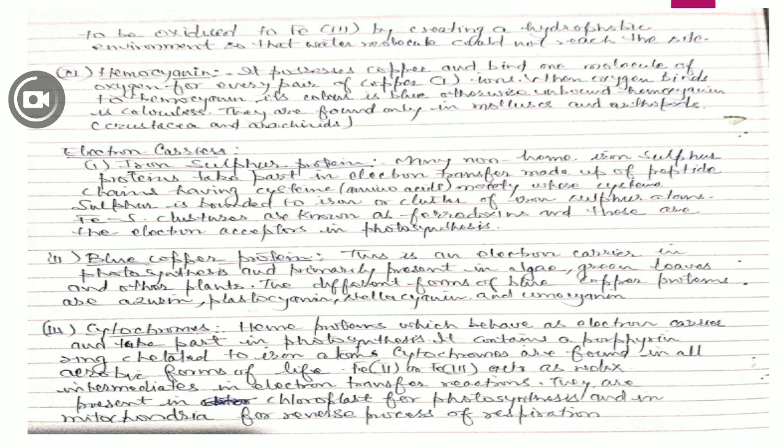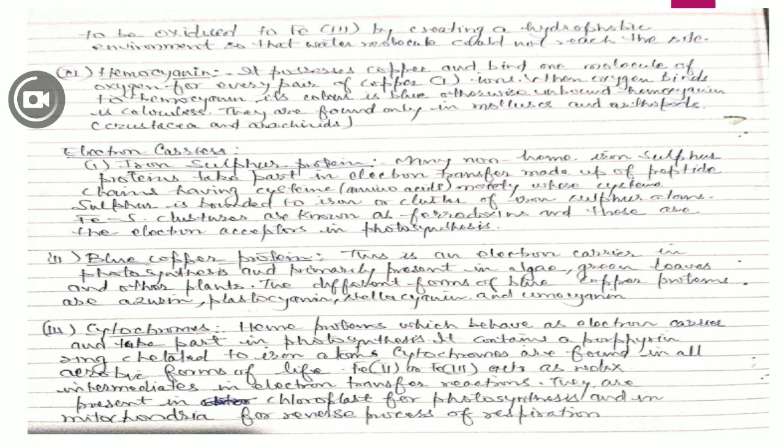First is iron sulfur proteins. Many non-heme iron sulfur proteins take part in electron transfer, made up of peptide chains having 16 amino acids, where sulfur is bound to iron or a cluster of iron sulfur atoms.